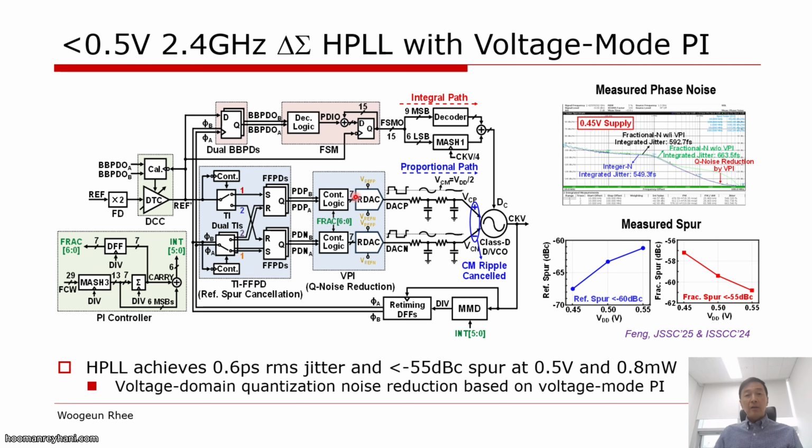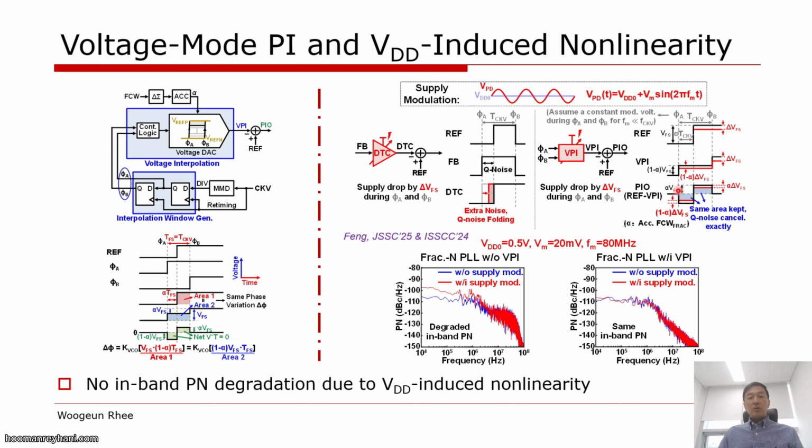This technique, along with the voltage-mode phase interpolation technique, was employed to achieve a very low-voltage delta-sigma HPLL. We also show that by having a voltage-mode PD and PI instead of time-domain compensation, even with high-frequency supply modulation outside the bandwidth, which can still degrade the PD nonlinearity, the PLL can be more immune to supply voltage variation.